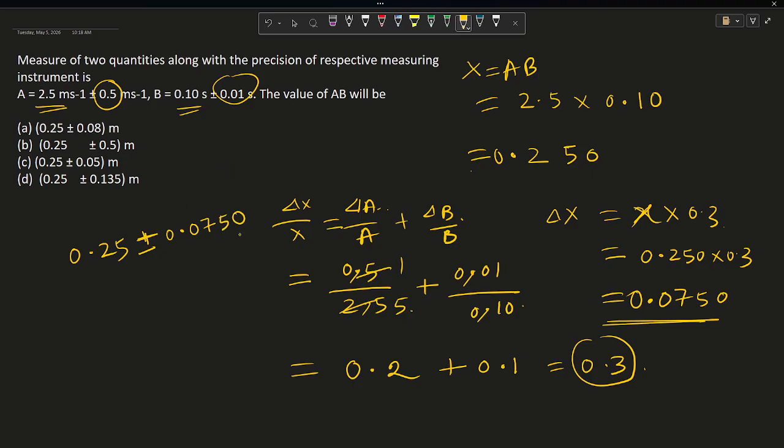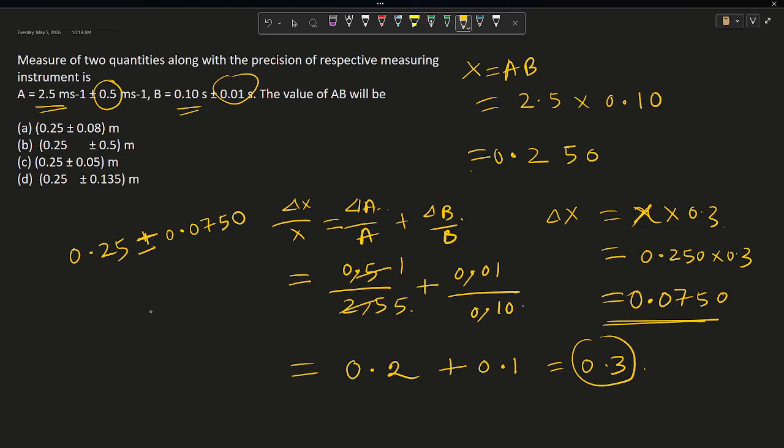Now you have to reduce this up to one place. 0.75.